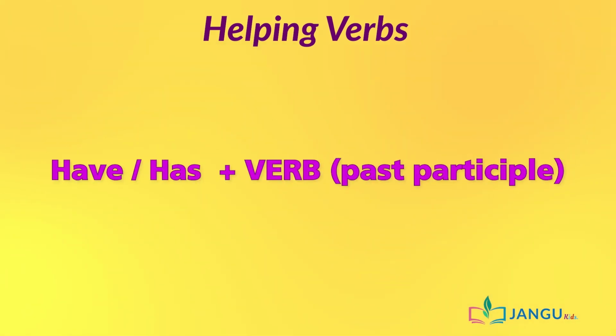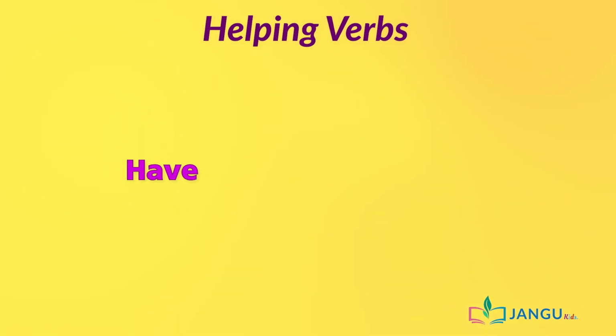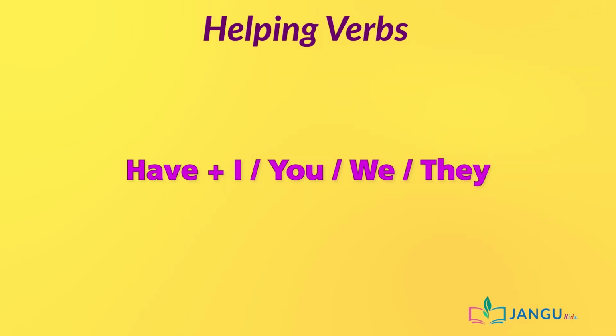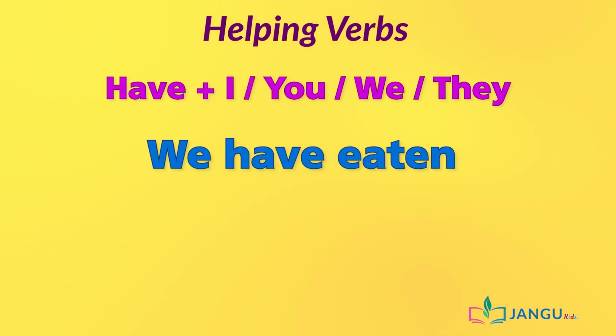The helping verbs have and has are usually used with verbs in their past participle form. This is how we form present perfect, past perfect, and future perfect tenses. Have is used with pronouns like I, you, we, and they. For example, we have eaten.